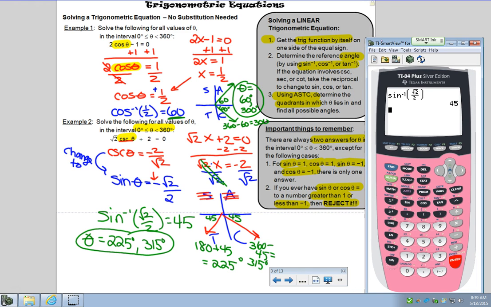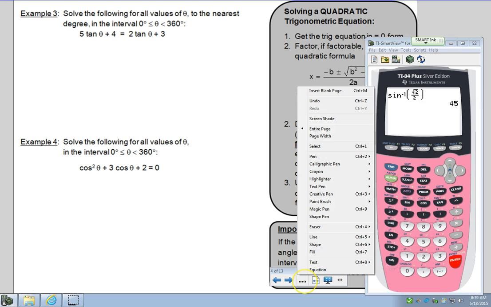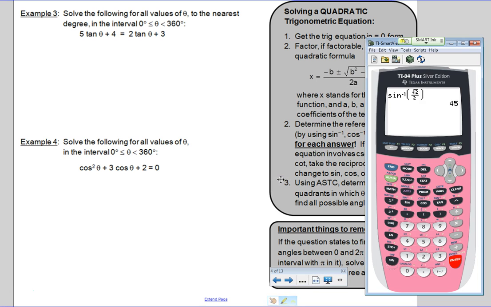All right, going on to problem 3. Okay, so again, I'm going to try to get my tangent theta function by itself, and I'll highlight it. Now this time we have a tangent theta term on both sides of the equations.